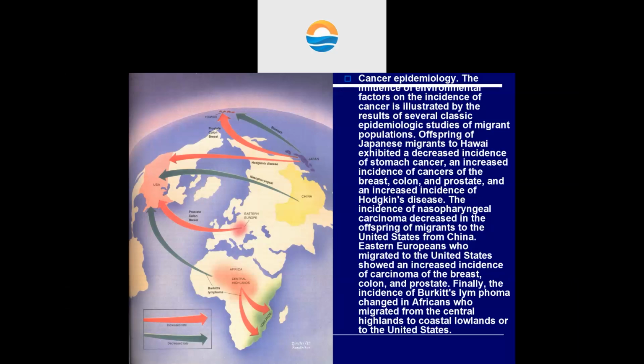The incidence of nasopharyngeal carcinoma decreased in the offspring of migrants to the United States from China. Eastern Europeans who migrated to the United States showed an increased incidence of carcinoma of the breast, colon, and prostate. Finally, the incidence of Burkitt's lymphoma changed in Africans who migrated from Central Highlands to coastal lowlands or to the United States.